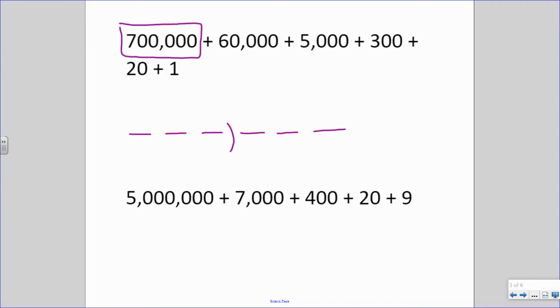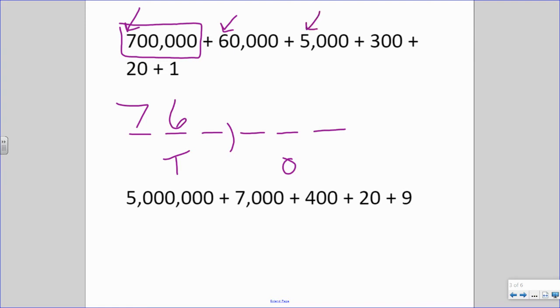1, 2, 3, comma. This tells me right here that I have a 7 in the 100,000s place because that's where the 7 is there. So I'm going to put a 7 in the 100,000s place in my answer. This 6 is in the 10,000s place, so I need to make sure that I put a 6 in the 10,000s place in my answer.